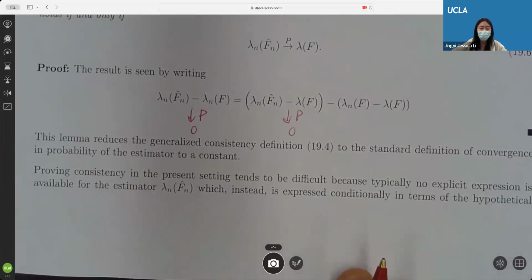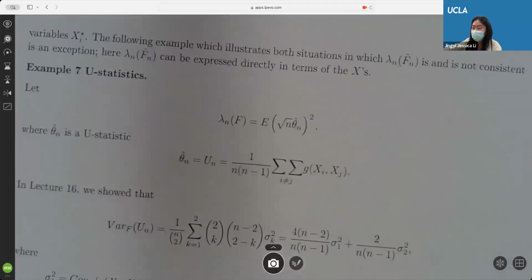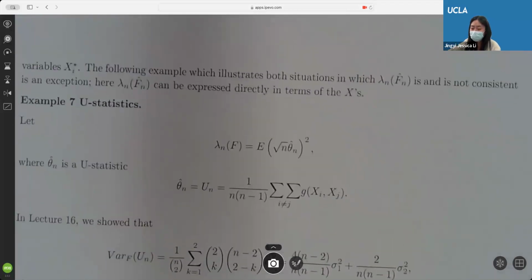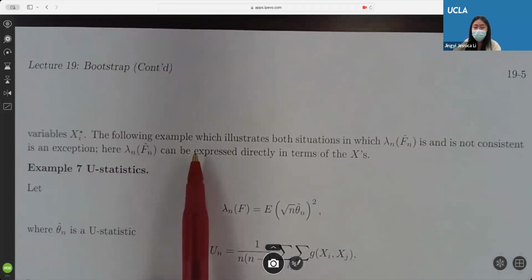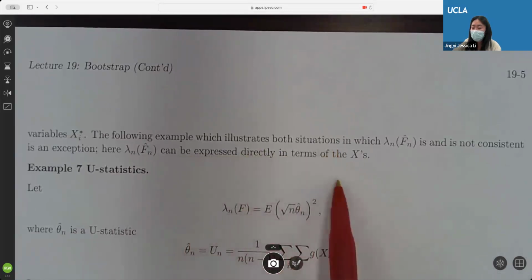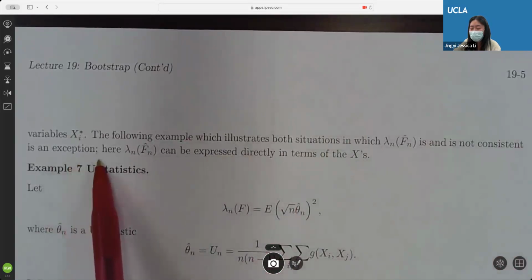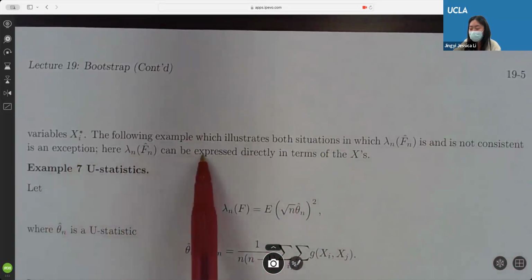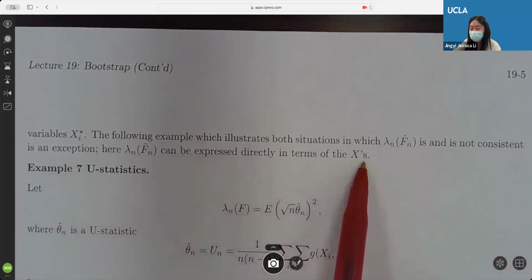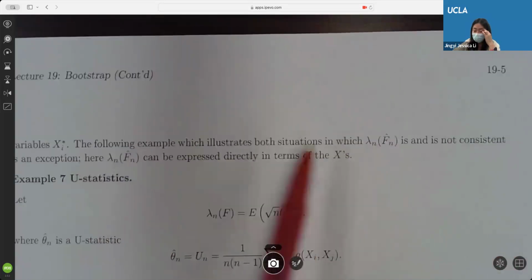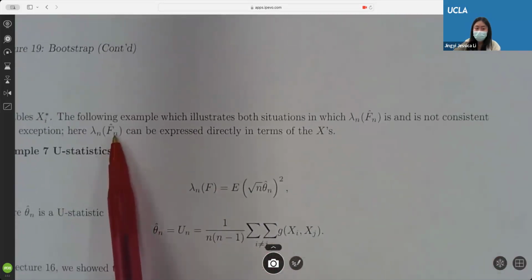We enumerate all the hypothetical samples. The following example, which illustrates both situations in which lambda F n hat is and is not consistent, is an exception. Here, lambda F n can be expressed directly in terms of the x's. Okay, so here we have a good form for this expression.